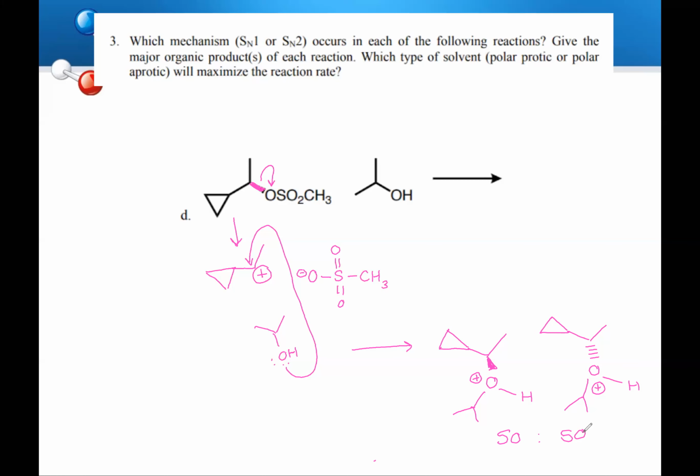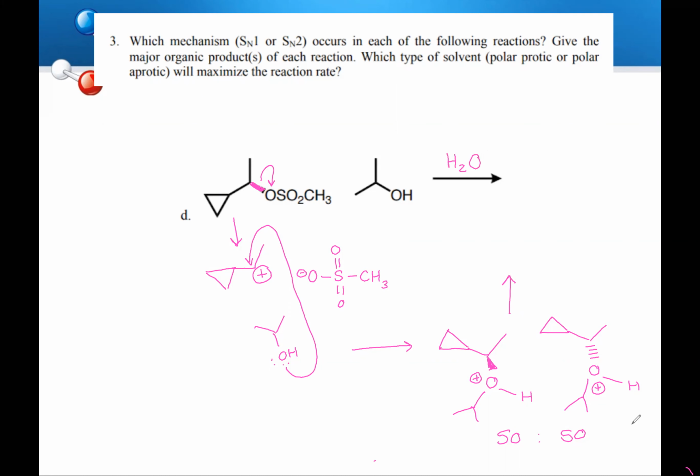Then what's going to happen is, this right here is our 2 steps of our SN1 mechanism. But because we do have that charged product, we are going to have an additional acid-base step where we're going to have some molecule come in and deprotonate. We can have the solvent deprotonate. We can have the leaving group deprotonate. Let's say in this case, our solvent is water.